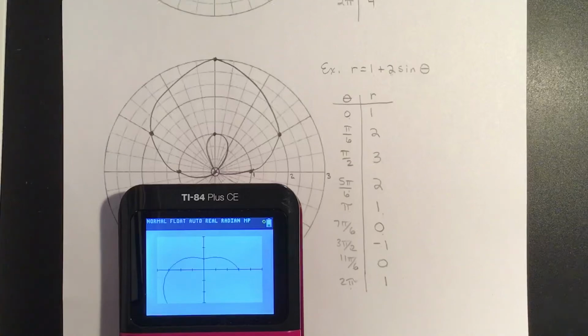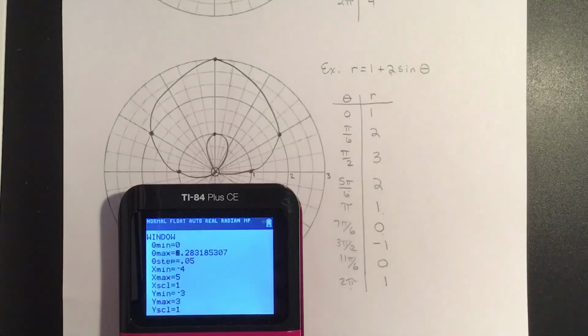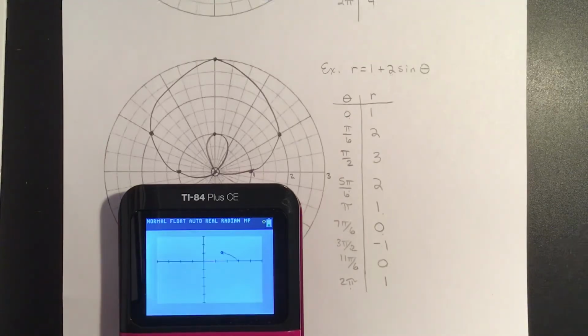And there you go. Probably want a little more view of that. So you notice there's no inner loop because the constant was bigger than the leading coefficient. It's just kind of a bump in there, not even maybe a slight dimple.